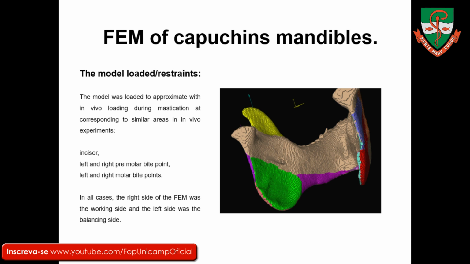In all the cases, the right side of the finite element model was the working side, and the left side was the balanced side. Like I said, it was a little bit different from the study of Amanda. We tried to match the in vivo with the in silico analysis in this case.